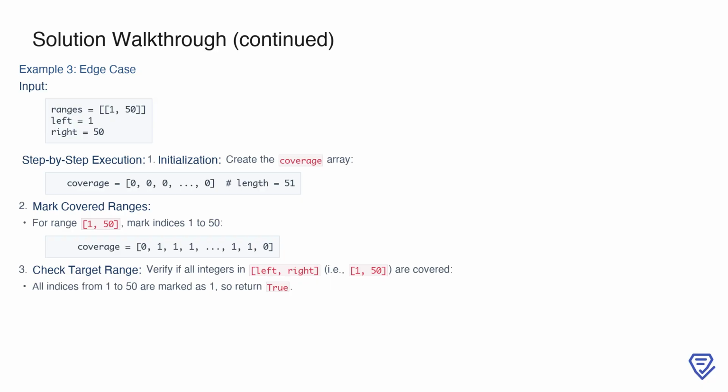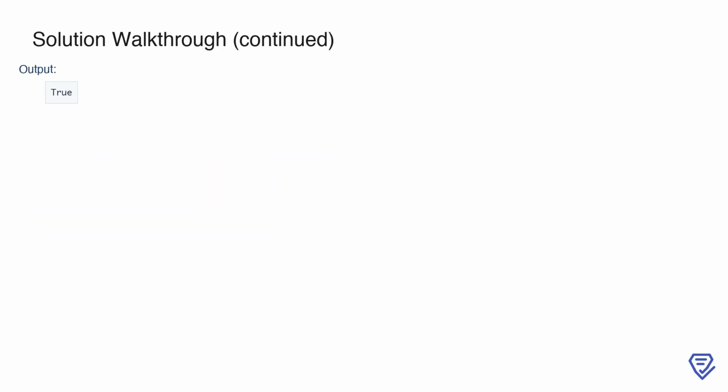Therefore, we determine that the target range is fully covered and return true. The output for this edge case is true, as all integers within the range, 1, 50, are covered by the input range, 1, 50. This demonstrates that the solution effectively handles cases where the target range is entirely covered by a single, large input range.